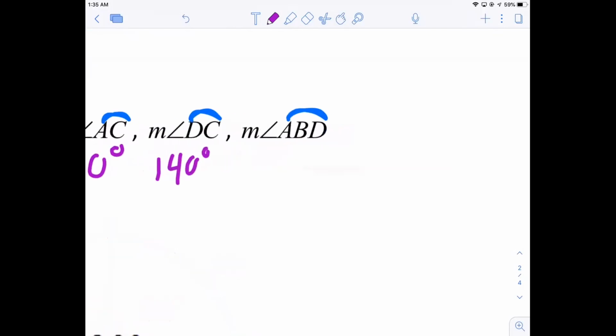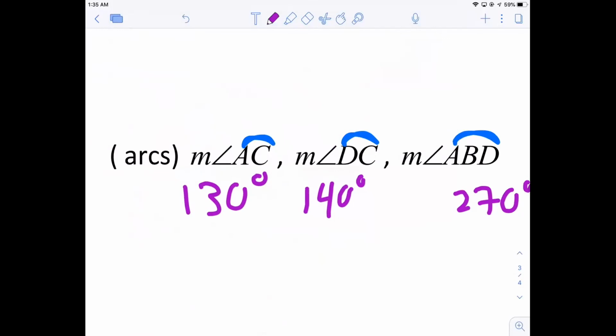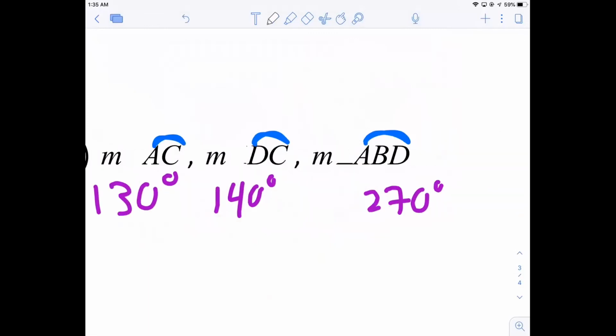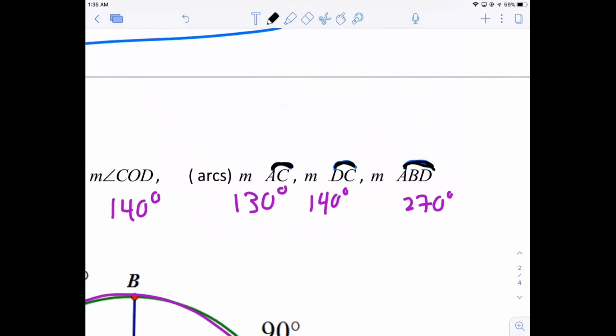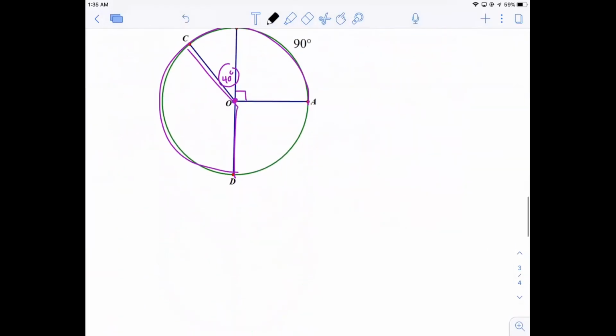Yeah, that's 270 degrees. And I'm sorry, these were supposed to be arcs, so there should be no angle symbol here. I'll make sure to take that out in your version of the notes. I don't know if I can get these arc symbols in, so there should be little arcs above those. Cool.